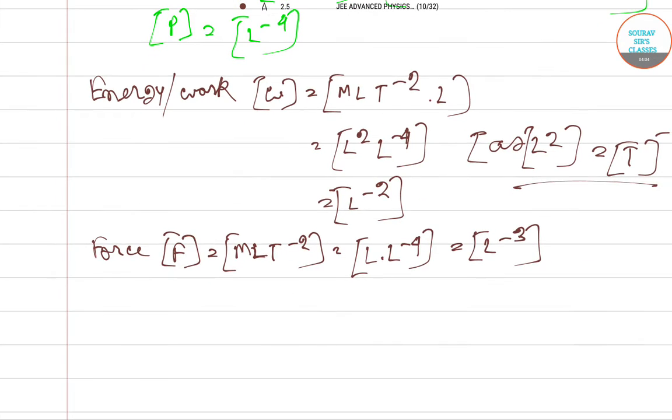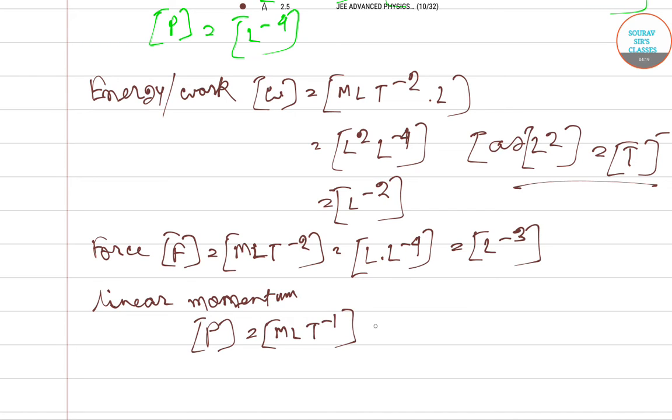So linear momentum P equals M L T to the power minus 1, which is equal to L into L to the power minus 2. So this is L to the power minus 1, as this L square equals T.